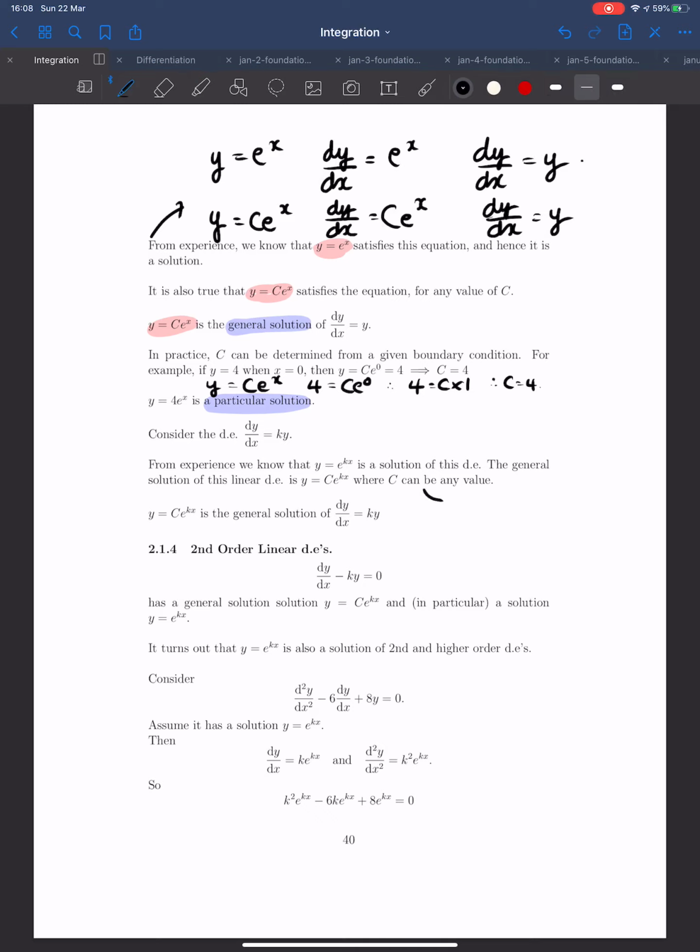Because if y is c e to the kx, dy by dx is c k e to the kx, which is k times c e to the kx, which is k times y. So that's the answer, and that's the proof there.